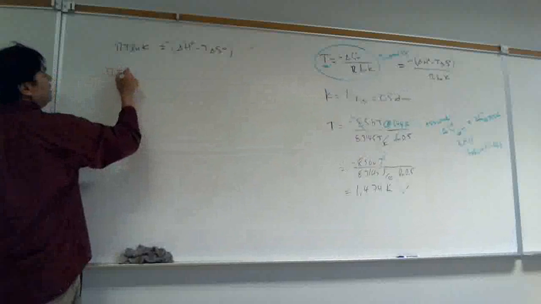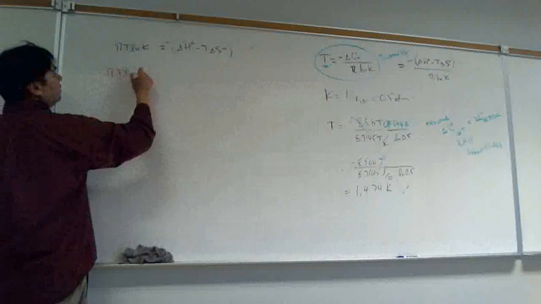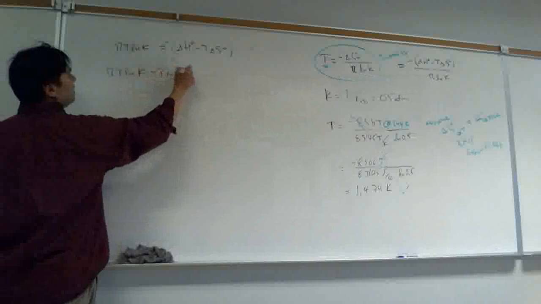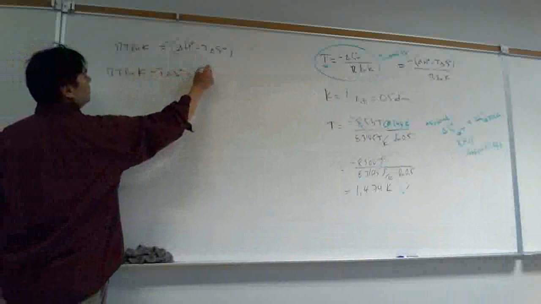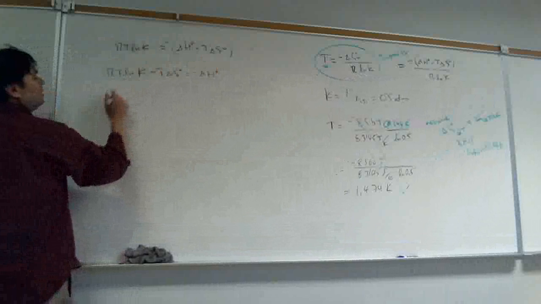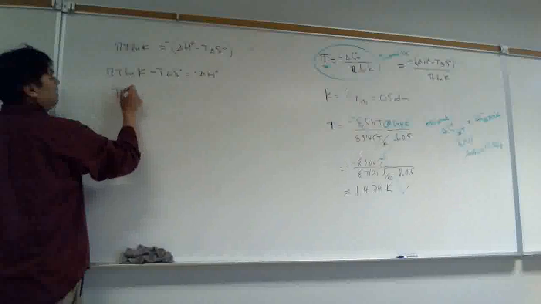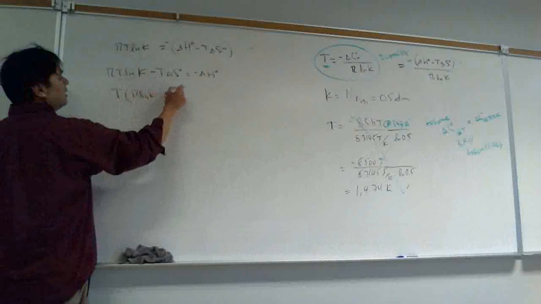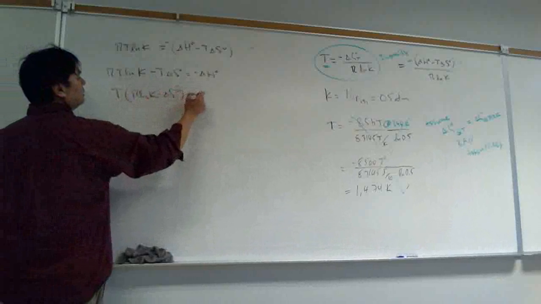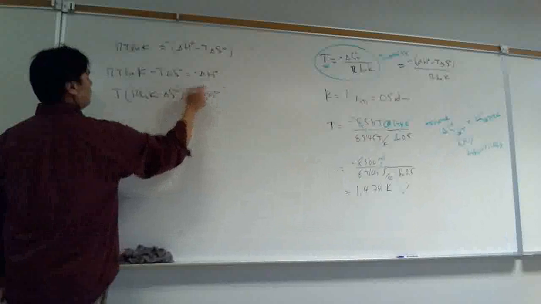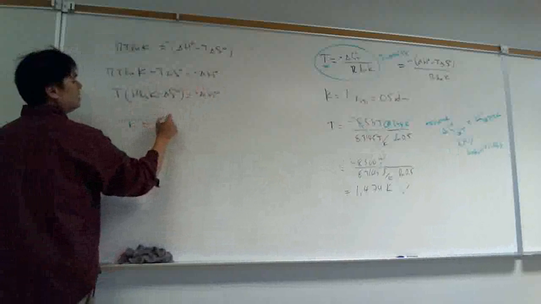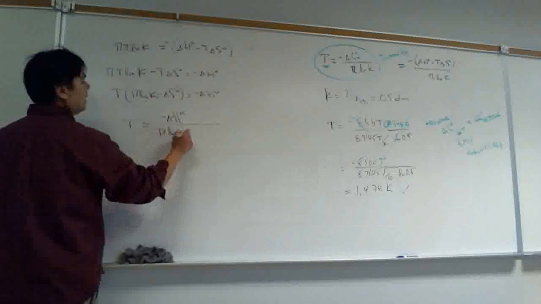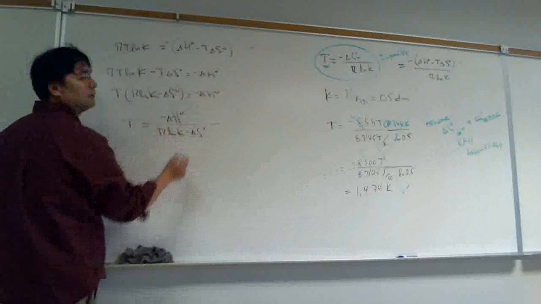So we're going to get RT ln of K minus T delta S naught, which is equal to negative delta H naught. Then factor out a T here. And so we're going to get T times R ln of K minus delta S naught, which is equal to minus delta H naught. And therefore T is equal to minus delta H naught over R ln of K minus delta S naught.